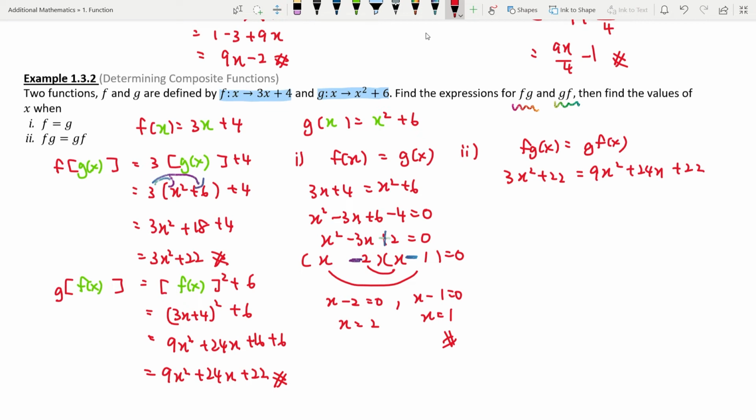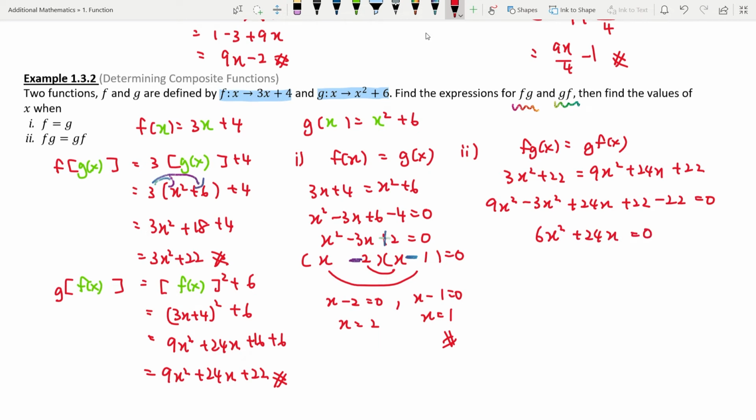I'm going to move everything to the right side so that I get a positive x squared. 9x squared minus 3x squared plus 24x plus 22 minus 22 equal to 0. Simplify it, we have 6x squared plus 24x equal to 0.